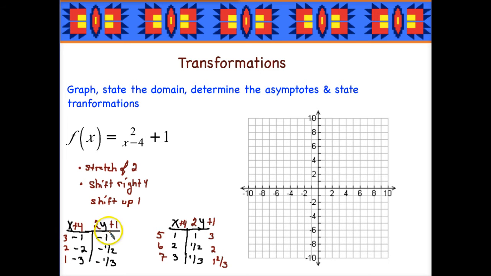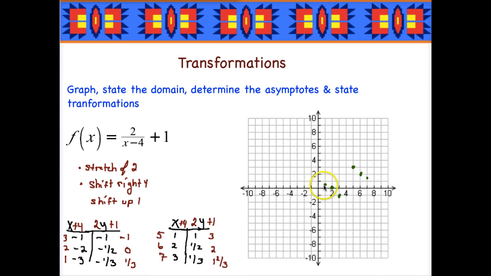And then over here, -2 plus 1 is -1. This becomes -1 plus 1 is 0. And -2/3 plus 1 is +1/3.